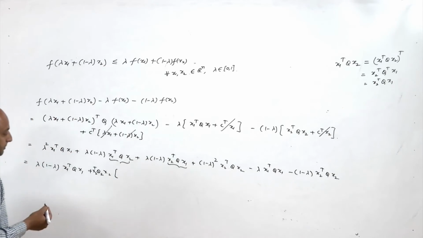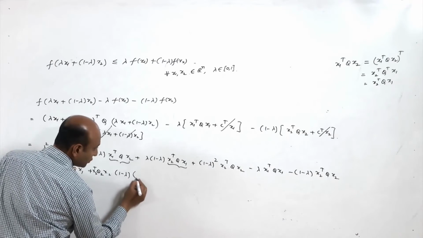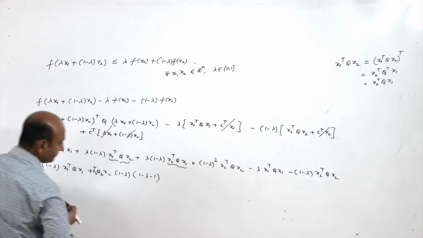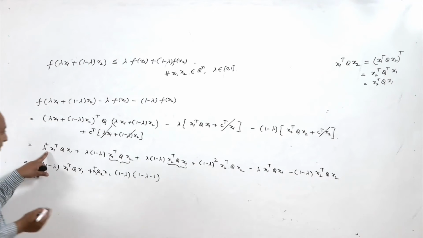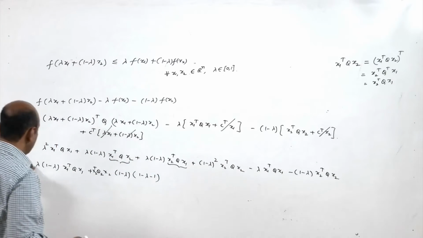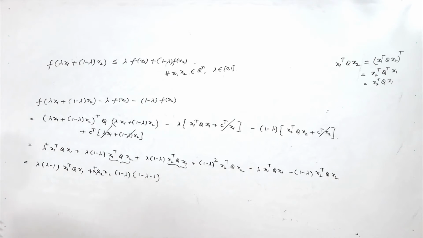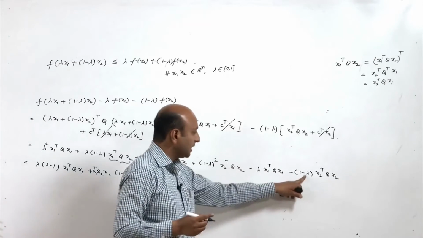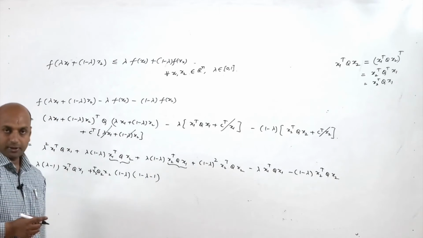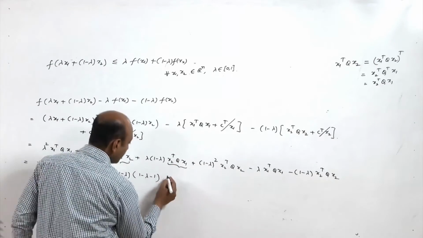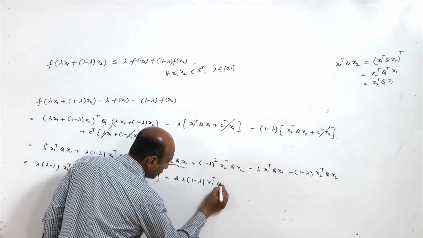So, it is again 1 minus lambda common, so it is 1 minus lambda minus 1. From these two terms take lambda common, so it will be lambda minus 1. From these two terms you take 1 minus lambda into this common. So, we obtain 1 minus lambda minus 1, and these terms are same. So, it is 2 lambda 1 minus lambda x1 transpose Q x2.